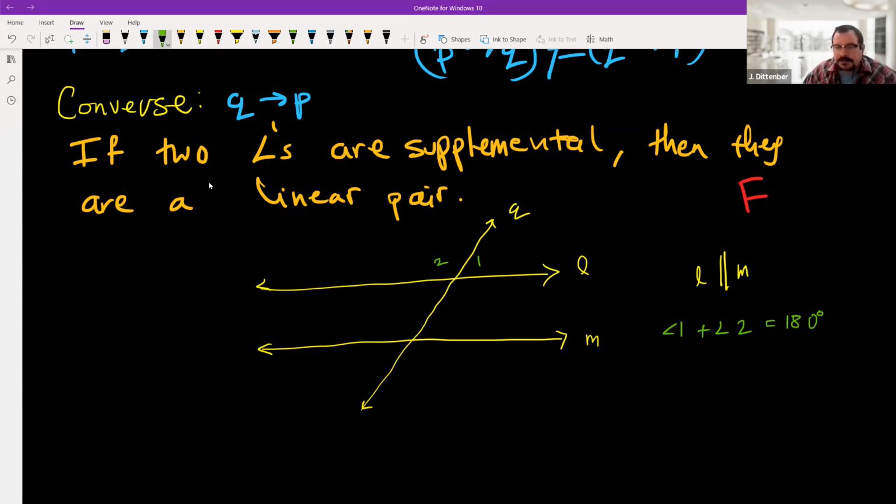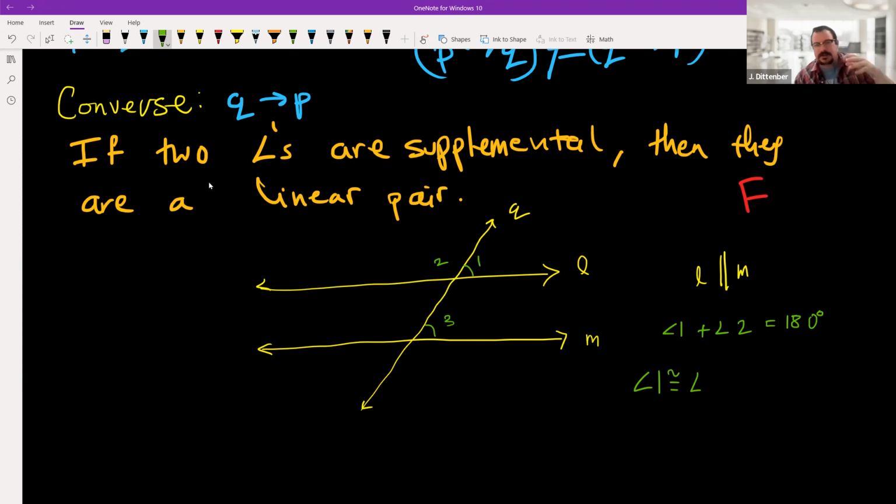Now, the other thing about parallel lines cut by a transversal is that their corresponding angles are congruent. So I'll call this angle 3. Angle 3 is the corresponding angle with angle 1, which means that they are congruent. In fact, that's one of the definitions of parallel lines.